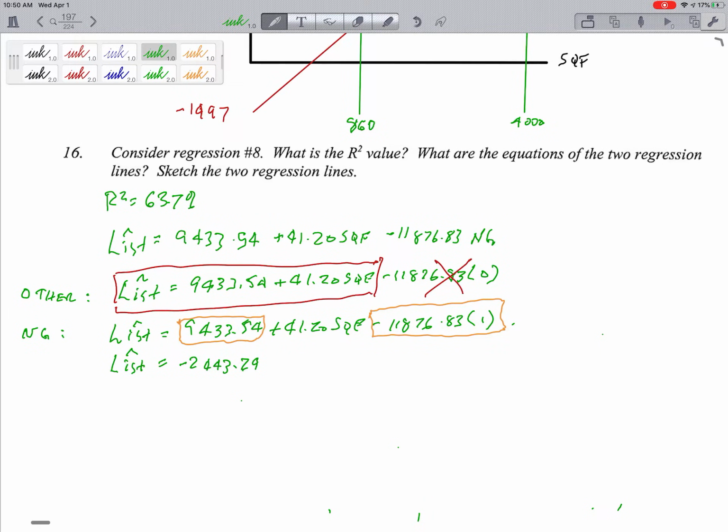Maybe that's 29. Plus 41.20 SQF. So that's what we end up with for our second line.